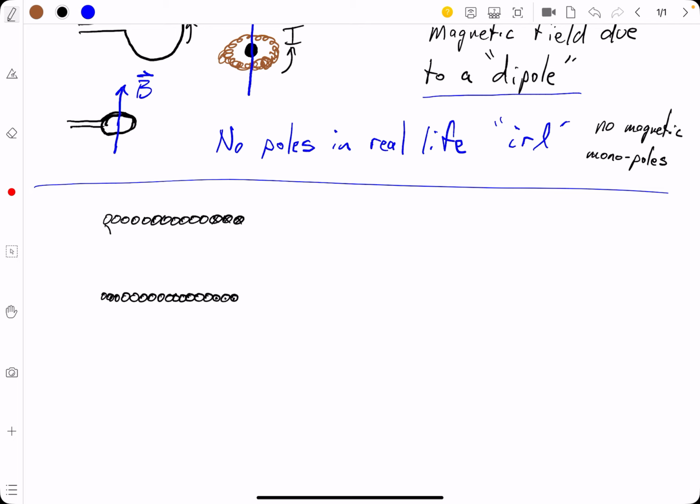Let's have our wire go like this. Okay, so our current is going in this direction. So you can put your thumb along the current and move your fingers until you get to the B field itself, and you'll notice that our B field is going in this direction.